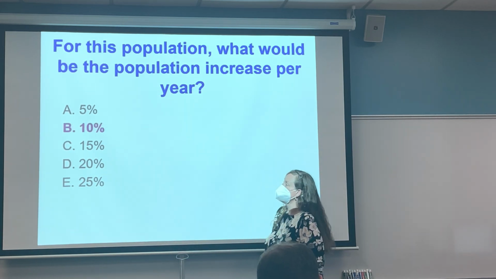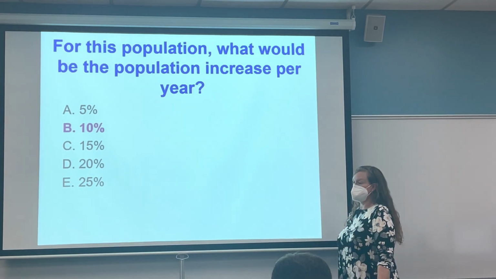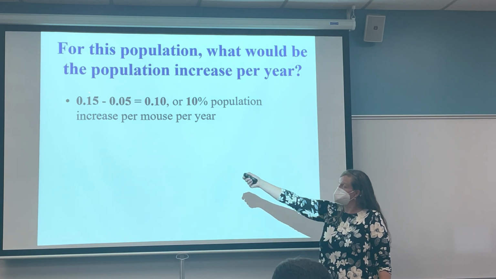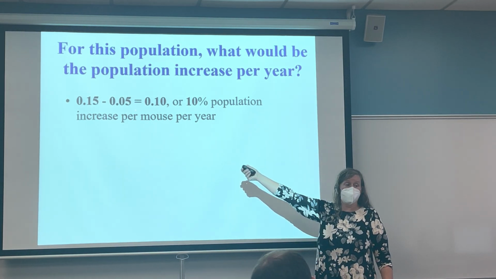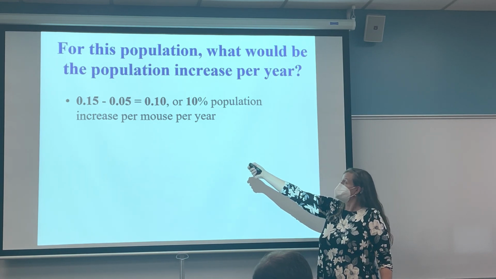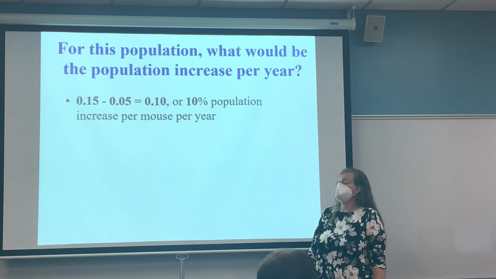Good, yeah, 10%, you got it. So the population increase is 10% in that year. We take 0.15, our birth rate, minus 0.05, our death rate, and we get 0.10, or 10% population increase per mouse per year.